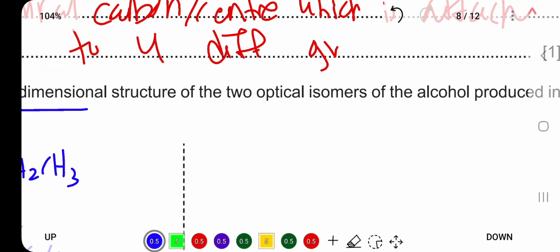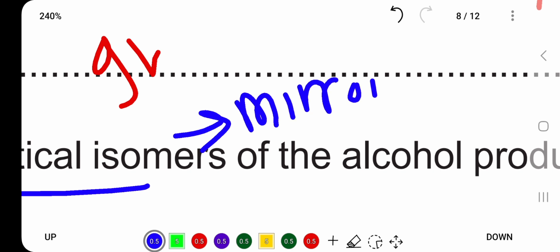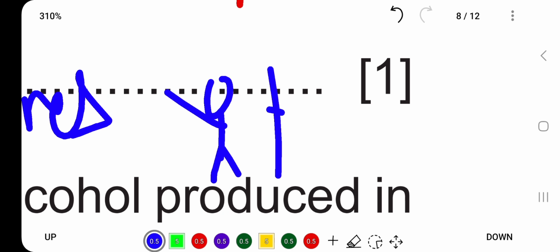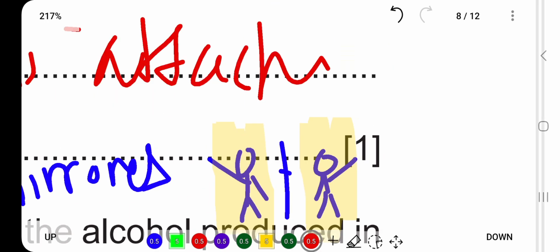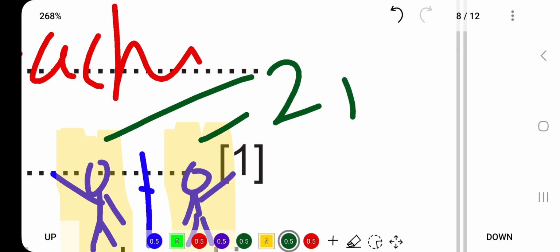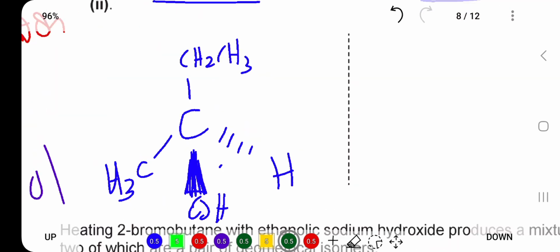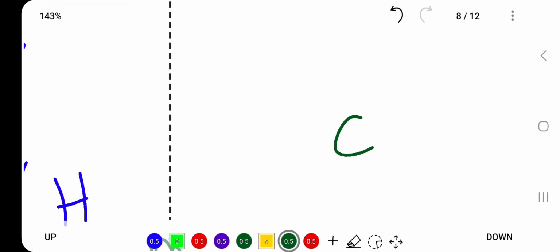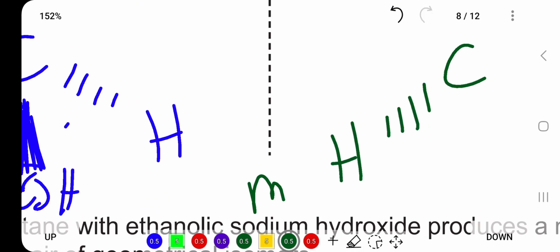Now what matters in optical isomers is that they're basically mirrored. Like, you know when you look at yourself in a mirror, you're like this, right? In organic chemistry, these two are two isomers. Same thing in this case is the mirror image.